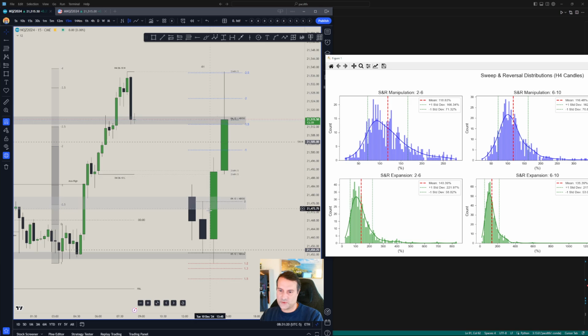So this level would be 100%. The model I'm marking here would be 100. And it tells us that on average, this immediate candle will expand 140. So I should arrive here.